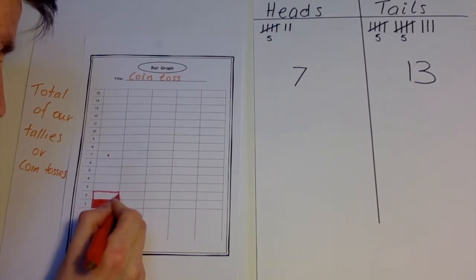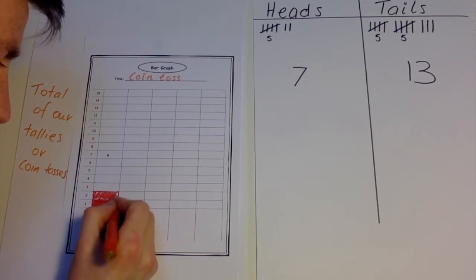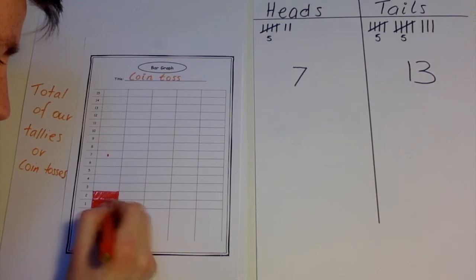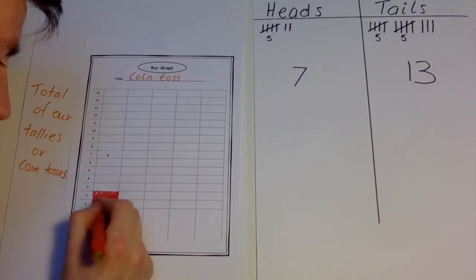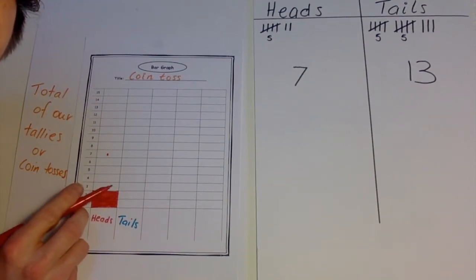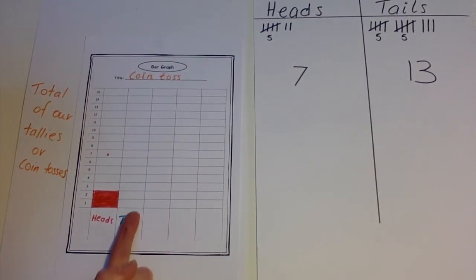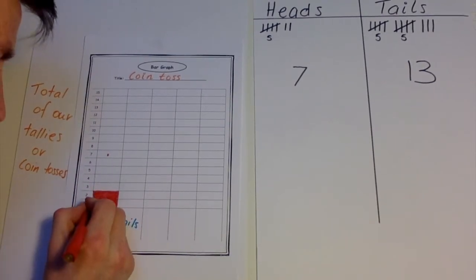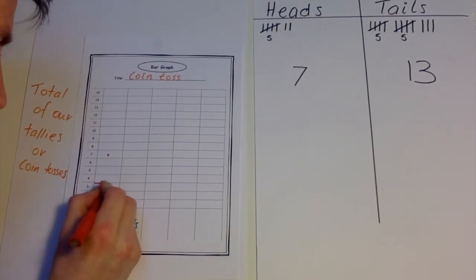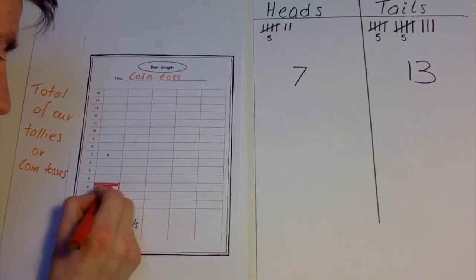Now I can draw in my second one. Like that. Now making sure that I'm nice and neat and going to the edge. See how I'm right at the edge? Making sure I'm not going into the tails column. So nice and neatly colour in your graph.